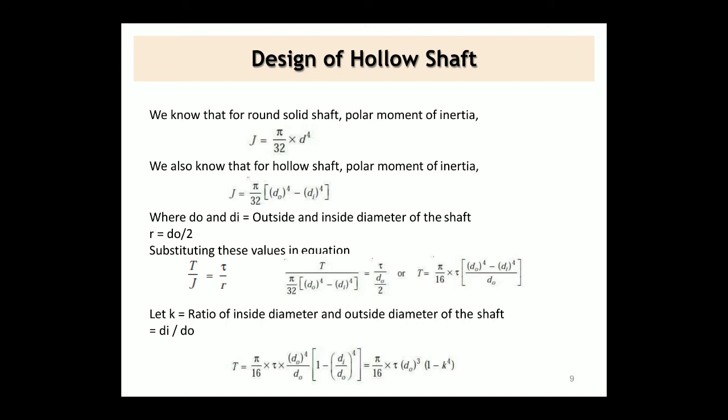So taking T one side and other values to the other side, we get the final equation as T equal to pi by 16 into tau into do raised to 4 minus di raised to 4 divided by do. Now here let k be the ratio of inside diameter and outside diameter of the shaft, that is equal to di by do. So considering that k in the equation of torque, we get T equal to pi by 16 into tau.